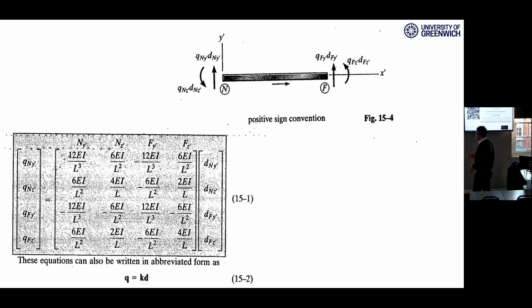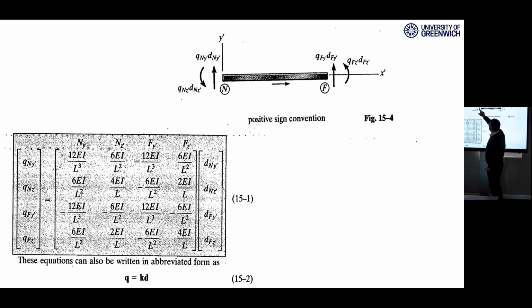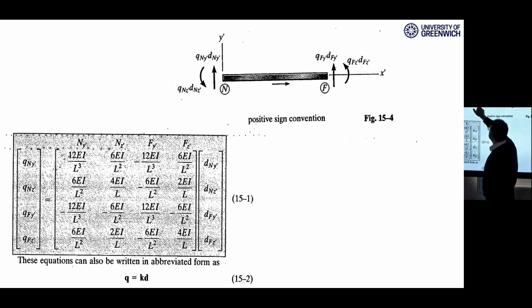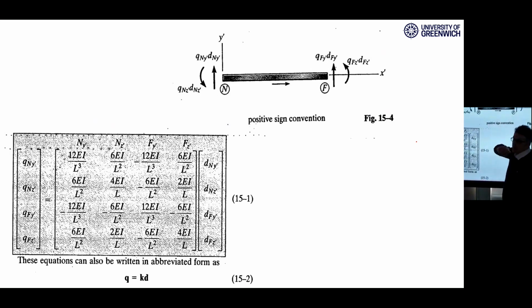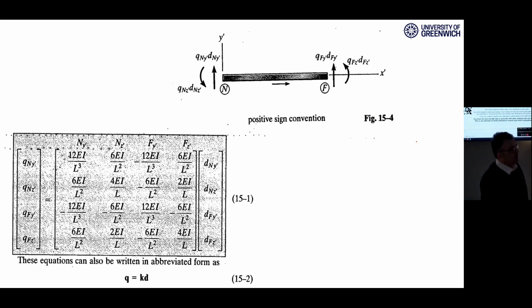So for that reason, we put here one shear force, one bending moment, one bending moment. But to be consistent with a defined convention, we need to define a coordinate system.